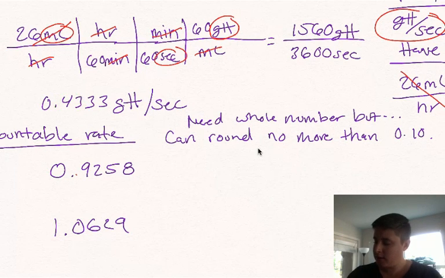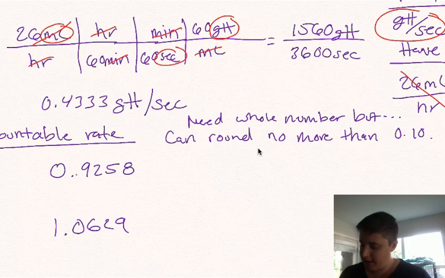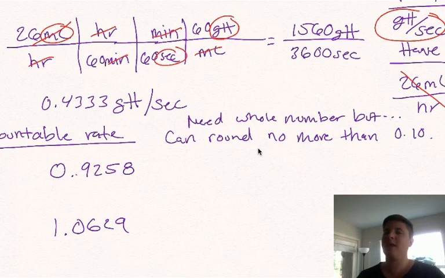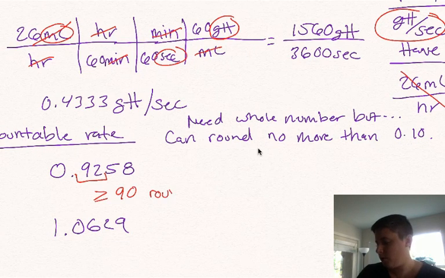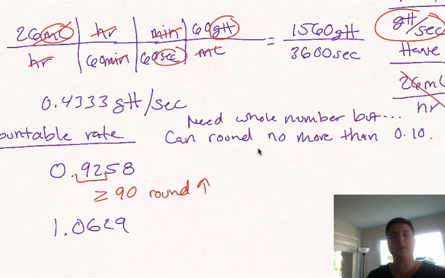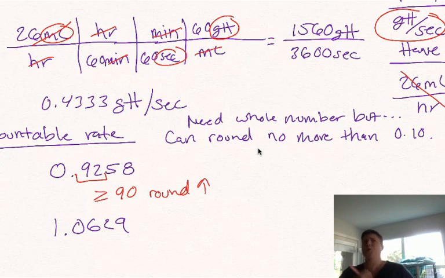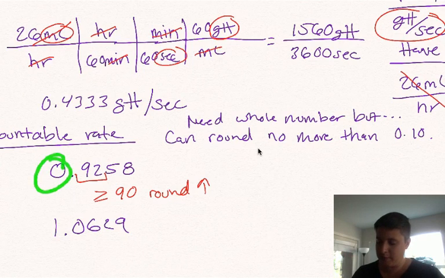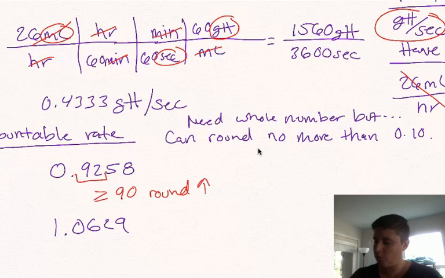So when you get the number in your calculator for each time you do this, and once you get the hang of it, it goes fairly quickly, you're just going to look at these 2 spaces right here. If the number right here is greater than or equal to 90, go ahead and round up and make it 1 or 2 or 3, whatever this number is, right? Round it up from that number.